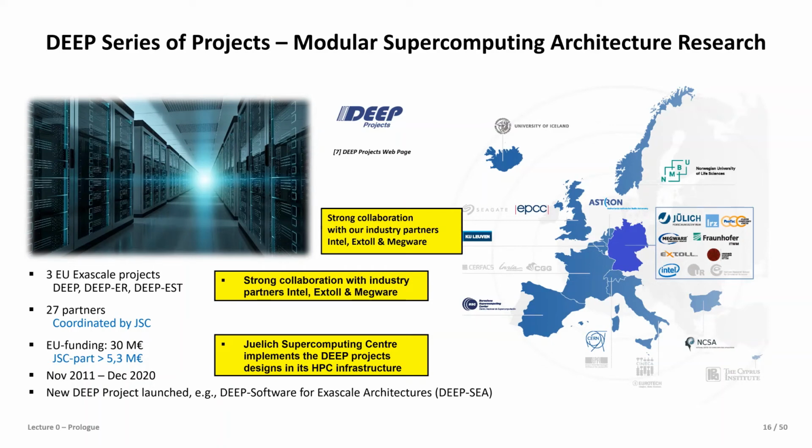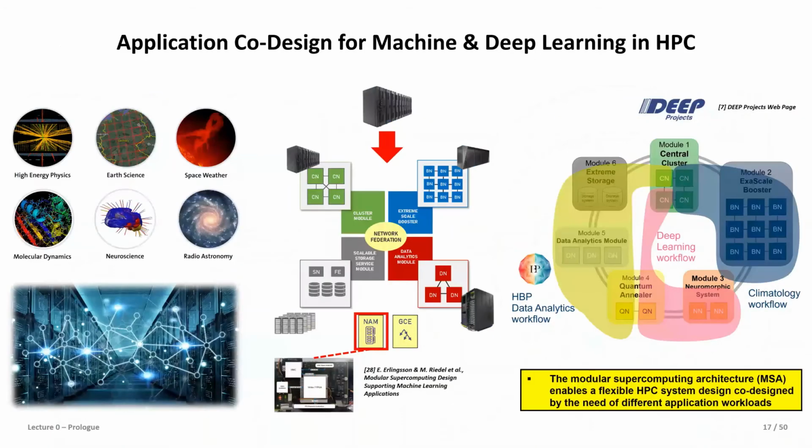This is one important one because it created the modular supercomputing architecture together with our industry partners from Fraunhofer, I think ParTec was involved, Extoll, and so on. And this influenced a lot how we use supercomputers in Europe today, which you see a little bit here again from all the different areas of sciences.